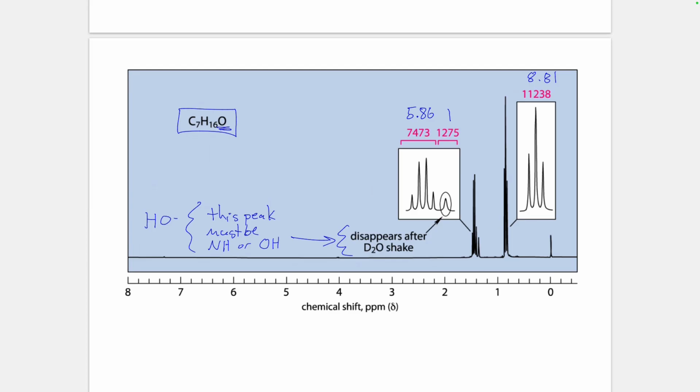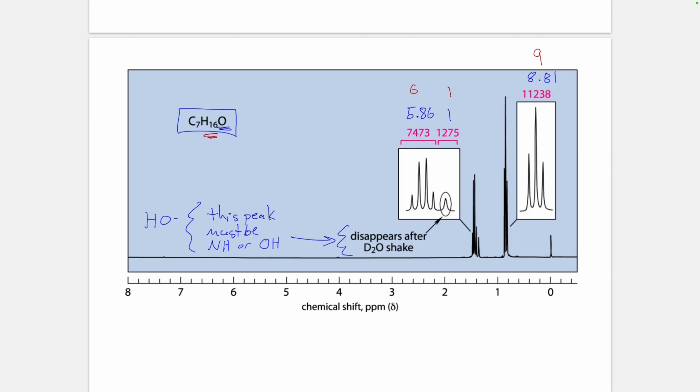This might look a little frustrating because these aren't whole numbers, but we know how many hydrogens there are supposed to be: 16. So we'll pick the version closest to this ratio that gives us 16 overall protons. If you go with 1 of this type, 6 of that type, and 9 of that type, when you add up 9 plus 1 plus 6, you get the 16 that the molecule has to have. So that's got to be the ratio.